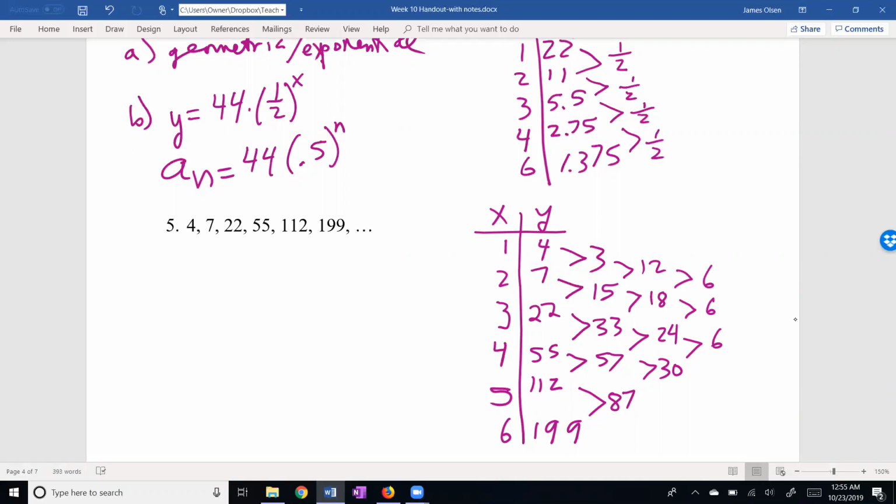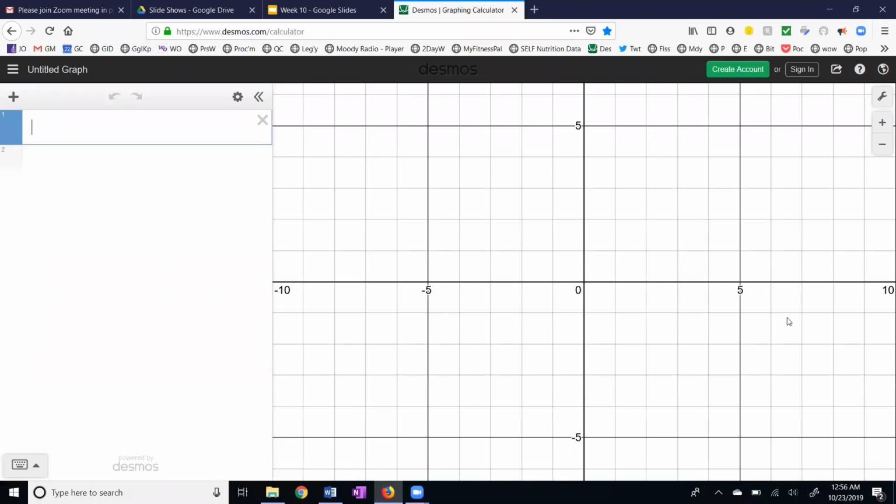Let's see how this is done in Desmos. Earlier in the video, I showed you how to start with a formula and get a table. This time, I'm going to start with a table and we're going to recover the formula. So I'm going to create a table and I'm going to put in our values here. I think it went up to 6.